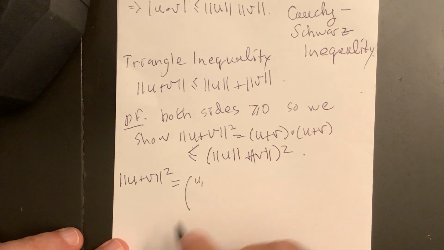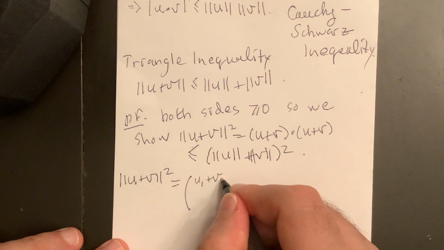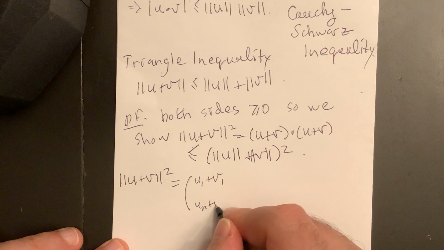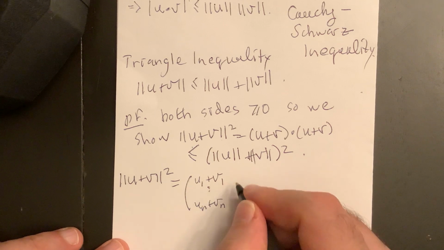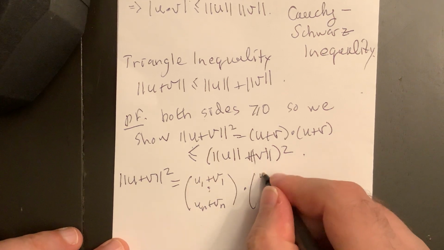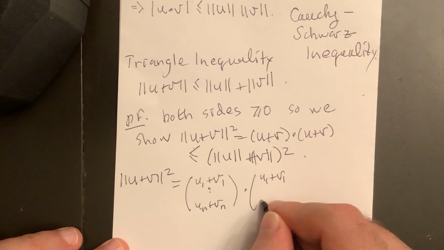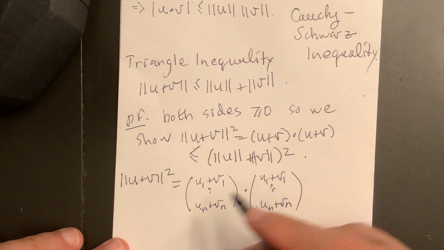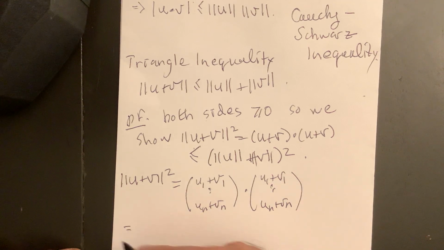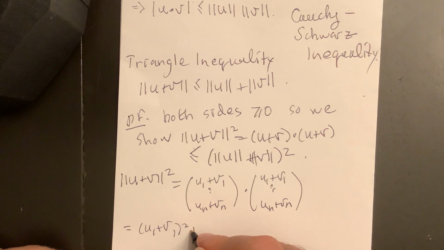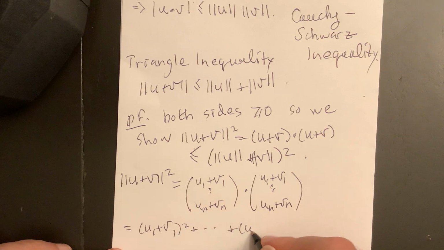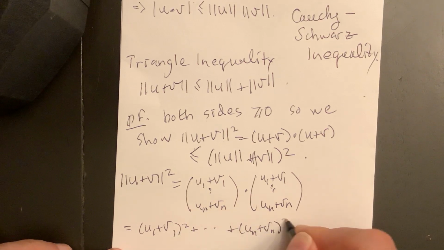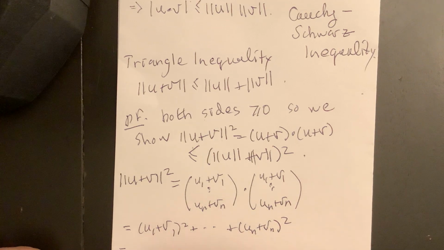I have (u1 plus v1, ..., un plus vn) dotted with itself. And when I do the multiplication, we just get u1 plus v1 squared plus dot, dot, dot plus un plus vn squared, which should remind you of the cosine proof we just did.